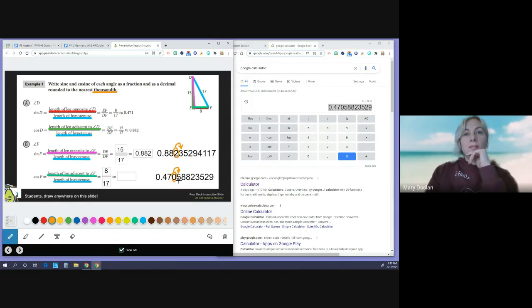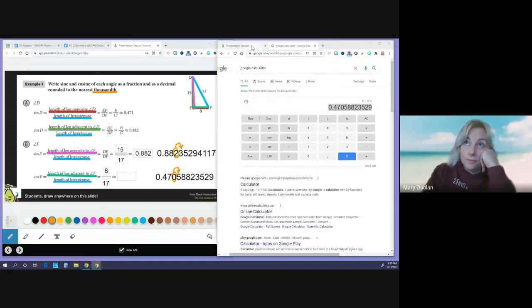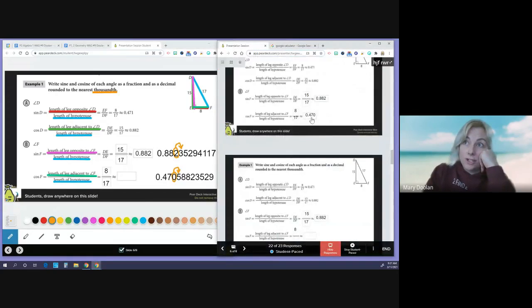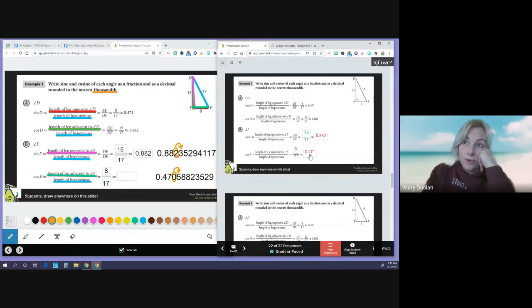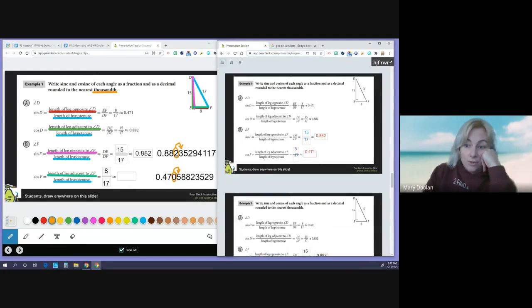That means if this number that the arrow is pointing to is 5 or 6 or 7 or 8 or 9, then we're going to add 1 to the number I circled. So it's not 0.470. There we go, 0.471. That's correct.